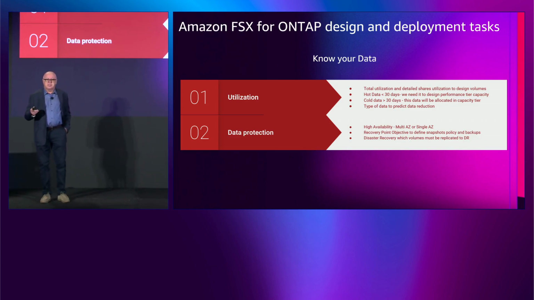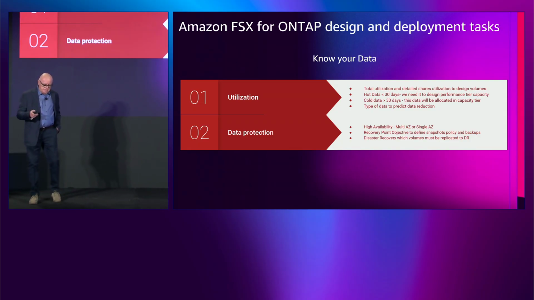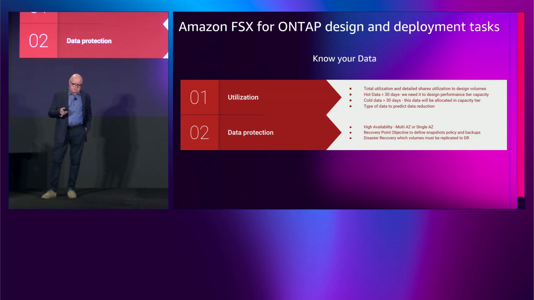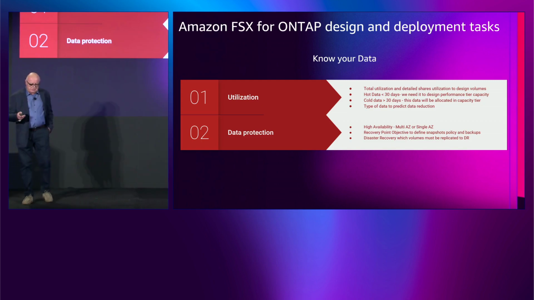Do we need HA? In this case, we should implement multi-AZ on FSx. Also, we have to know our definition and SLA for the recovery point objective to define the snapshot policy, backups and disaster recovery. If any of the volumes or data require disaster recovery, that will be our candidate to replicate between regions.